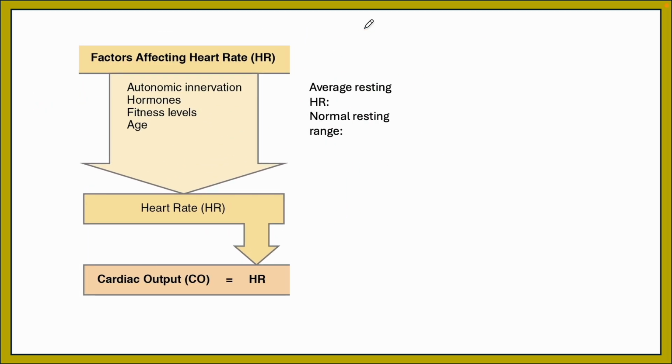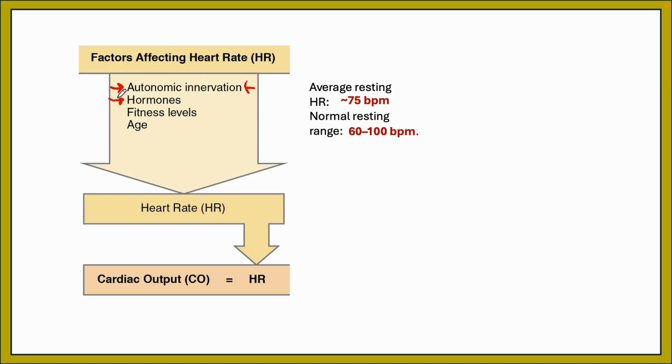All right, so heart rate. The average resting heart rate is about 75 beats per minute, but normal is considered anywhere from 60 to 100 beats per minute. There are a number of factors that can affect heart rate. One is autonomic innervation. This is something that can really affect it very fast and very rapidly.